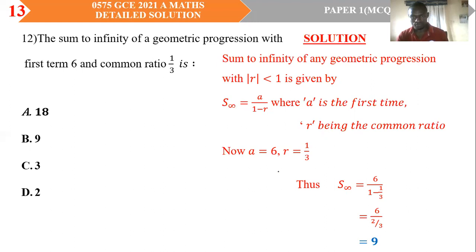We simply replace a with 6 in that formula, and we replace r with 1/3, to give sum to infinity equals 6 over 1 minus 1/3.